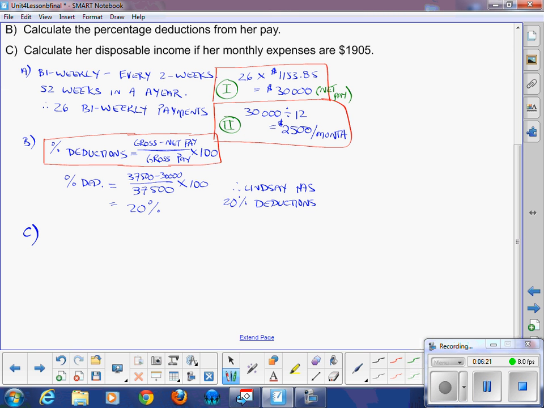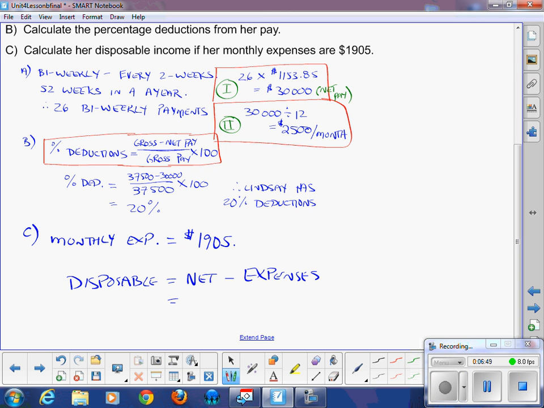Part C then, calculate her disposable income if her monthly expenses are $19.05. So our disposable income is equal to net minus expenses.